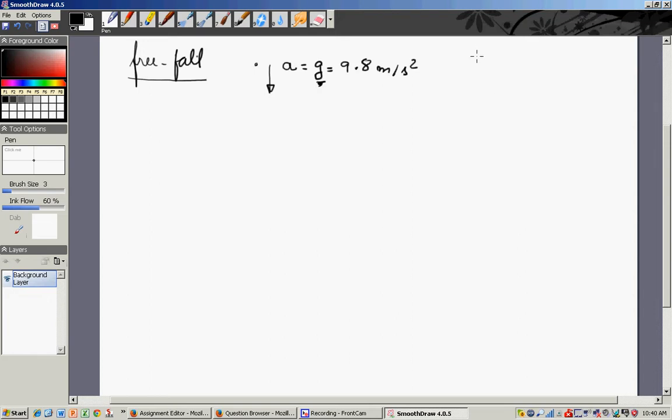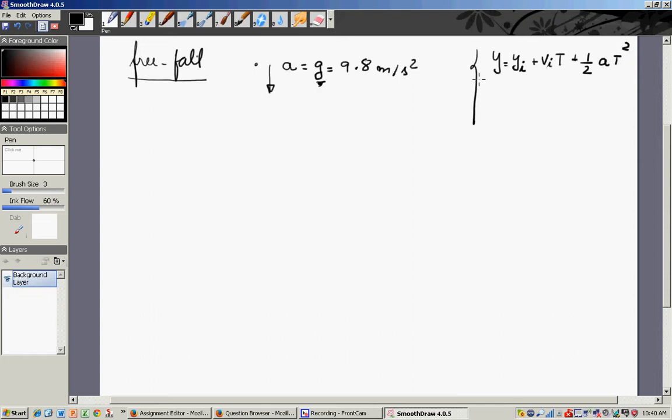Out of the equations of motion that you have been studying so far, you're going to be using this one: y equals y initial, the initial position of your object, plus initial velocity times time, plus half of your acceleration times t squared.